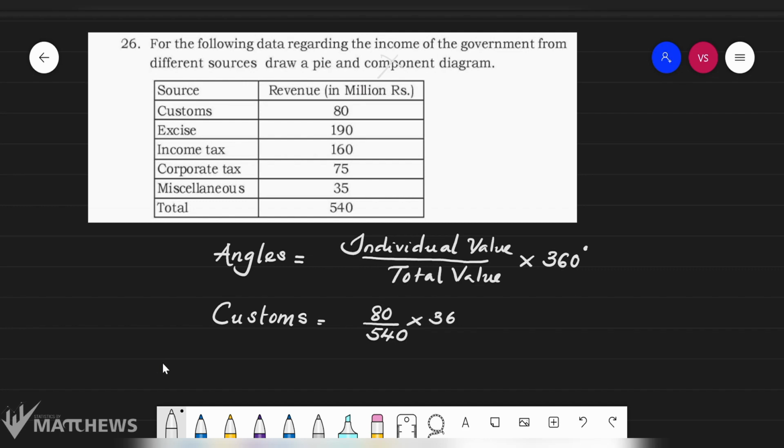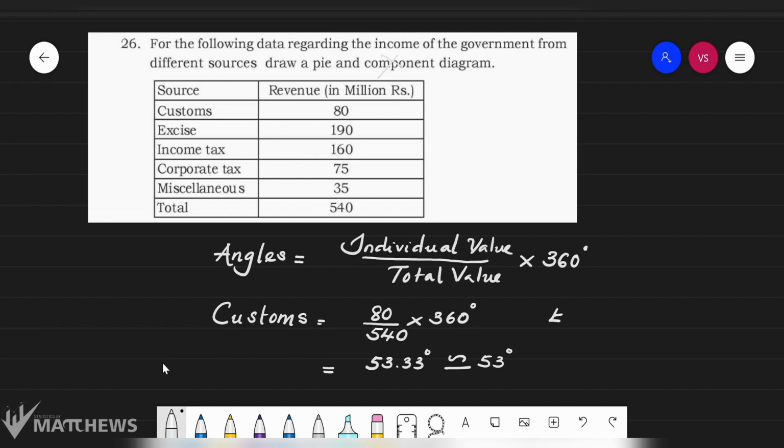Is it right? Into 360 degree. So if you do this calculation, we get something like 53.33 degrees. So I can approximate this to 53 degrees. Is it right, students?